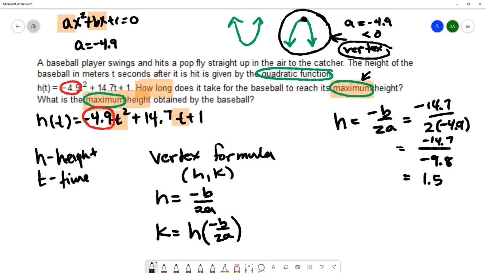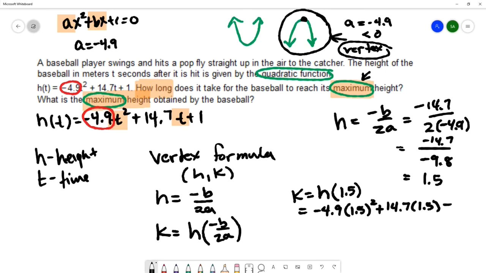Then I'm going to get the y-coordinate of the vertex by substituting 1.5 into the function. So I'm substituting into the height function 1.5. That's negative 4.9 times 1.5 squared plus 14.7 times 1.5 plus 1. So I need to do 1.5 squared.